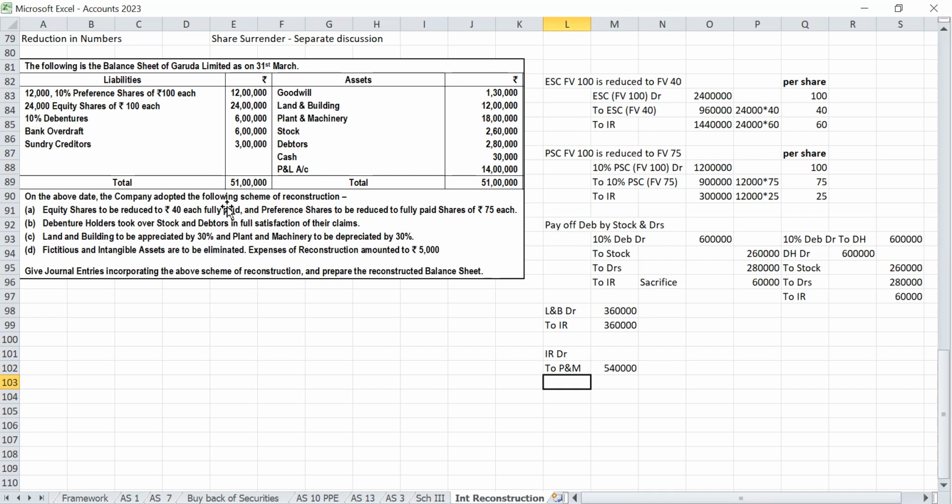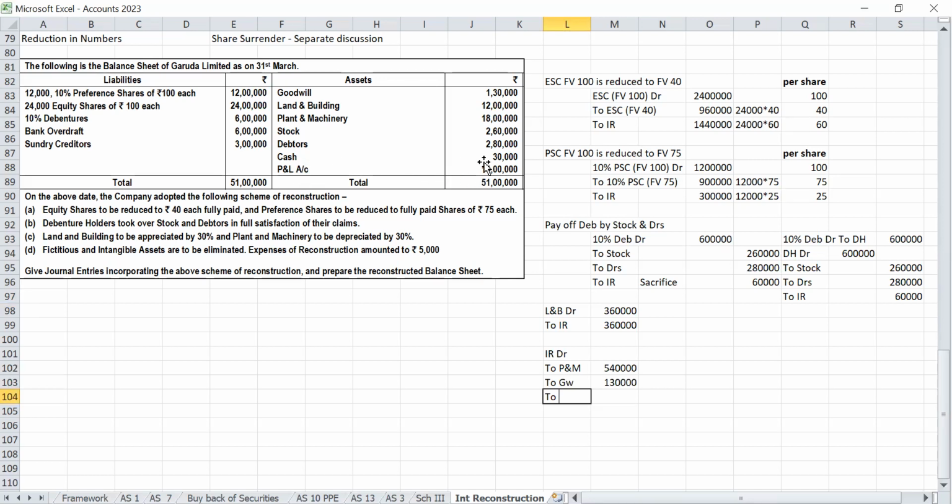Fictitious and intangible assets are to be eliminated. Expenses of reconstruction amounted to 50,000. So a compound entry we can pass. Internal reconstruction account debit to plant and machinery, to fictitious assets, another goodwill, also 1,30,000. Reconstruction expenses 5,000.